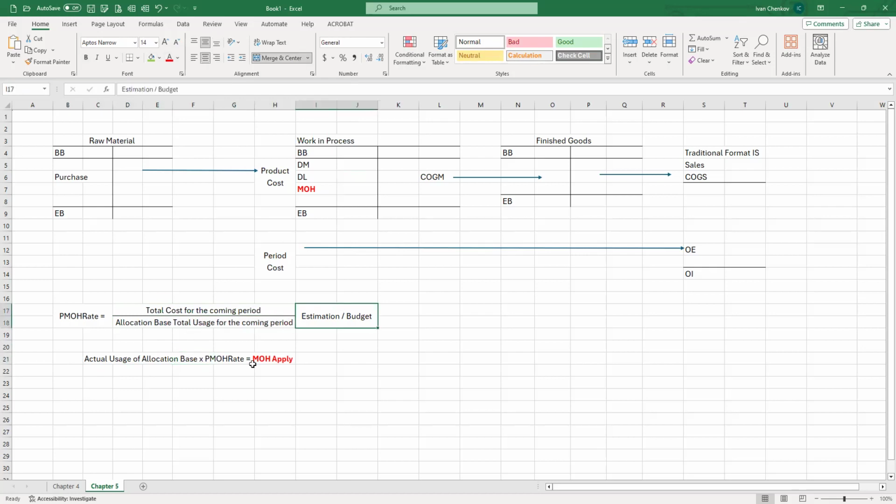Both are based on estimation. But we start applying with the actual usage. So you see here, we're using the estimation for the allocation base, but here we're applying based on the actual usage of the allocation base. That's why the allocation base is crucial for our calculation. We're going to see later on the variances, when I start talking about the variances on the fixed manufacturing overhead.